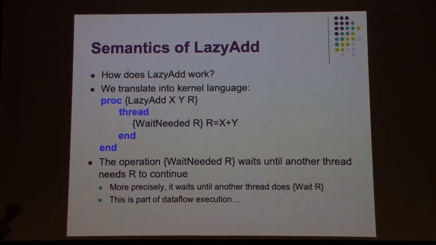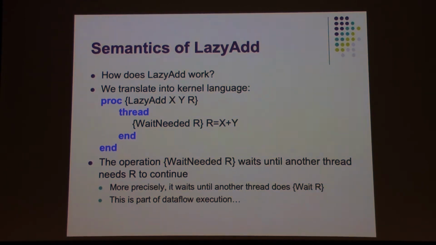The lazy add function turns into a procedure. Remember that? With one extra argument, which is the output. Lazy add x, y, r. And it creates a thread, and in that thread it does wait needed on r, on the result. And then it does the computation, r equals x plus y.